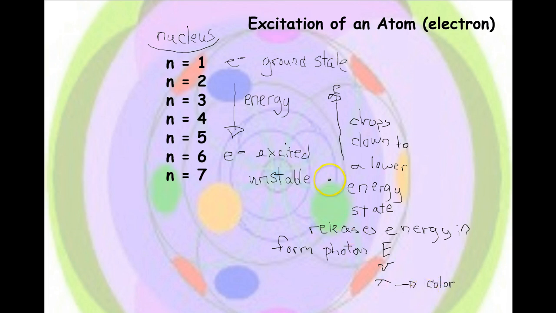Okay, so excitation of an atom, and really the electron, that electron is going to gain energy. It's going to move to a higher energy state, the excited state, very unstable, so it's going to drop back down to a lower energy state, releasing that excess energy in the form of a photon. That photon has energy, frequency, wavelength, and that equates to the color that we see.